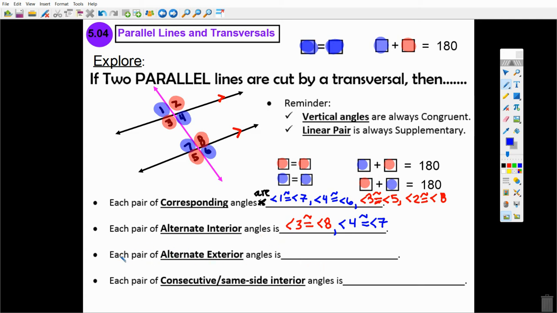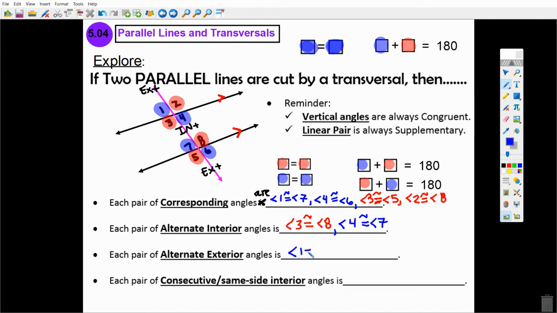Let's jump to the next one, alternate exterior. These are the outside. Remember, the exterior is out here, and this part in here we call the interior. So alternate exterior angles, we have 1 and 6. They're opposite each other, and they're not on the same side of the transversal.